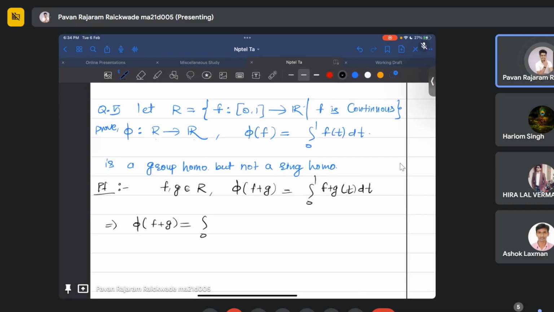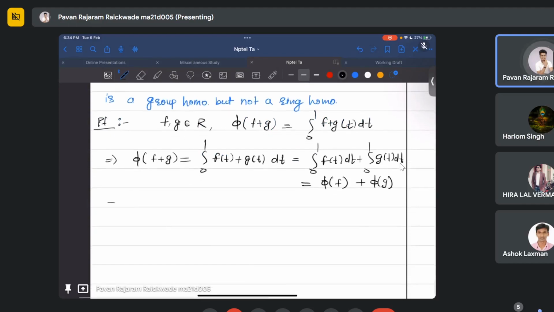This is the integral of f(t) plus g(t) dt, and using the simple properties of integration, this is the integral of f(t) dt plus the integral of g(t) dt. This is phi f plus phi g. This implies phi is a group homomorphism.